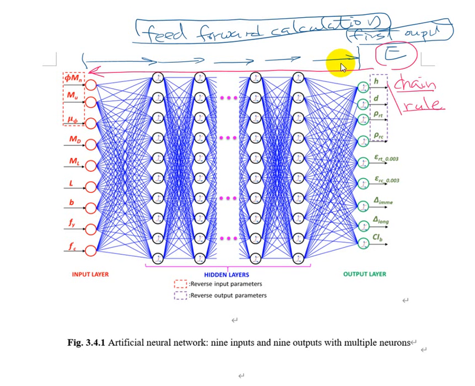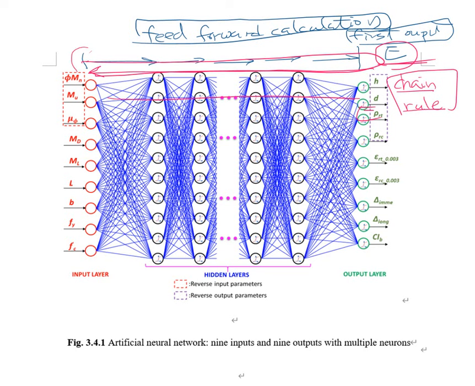We're going to explain that later. Then you see how you do with the revised weights and biases in the next iteration, to see how much your error reduces.